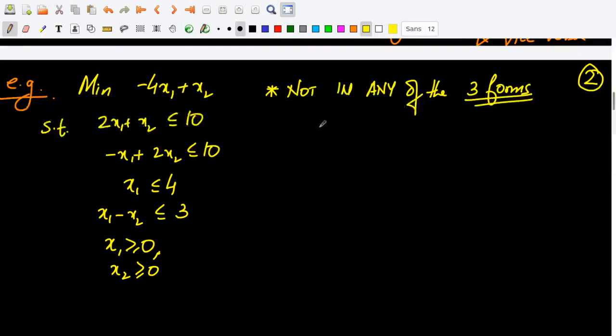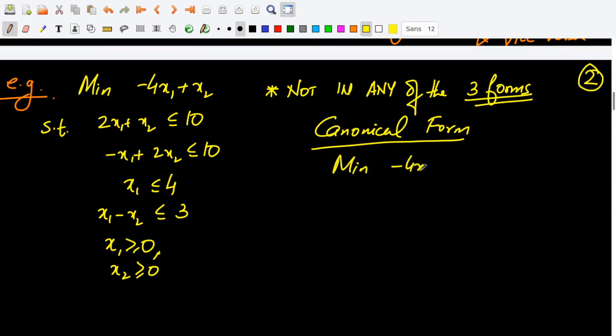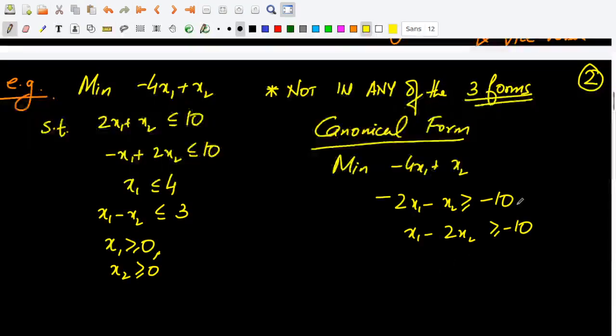So for example, if I want it in the canonical form, that means simple inequalities of the form Ax greater than or equal to b, I just multiply the first two inequalities by negative 1, so that the sign of the inequality changes and I get the canonical form.